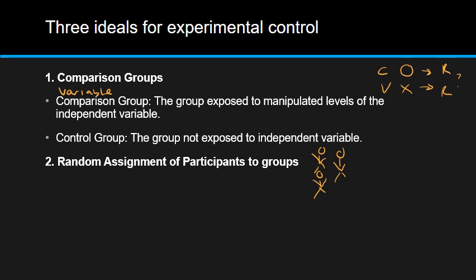The problem is that if it's not randomly assigned, like if you didn't take all athletes and mix football players with soccer players in one group and mix football and soccer players in the other, there are natural differences between football players and soccer players. Football players are probably bulkier, bigger, taller because they have to be for their sport, versus soccer players, who are probably not going to be as big and tall, but are more lean.